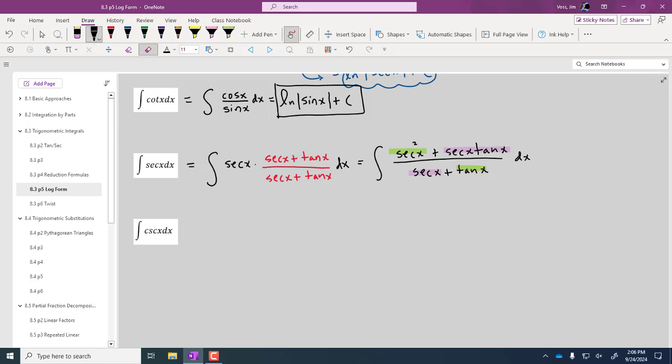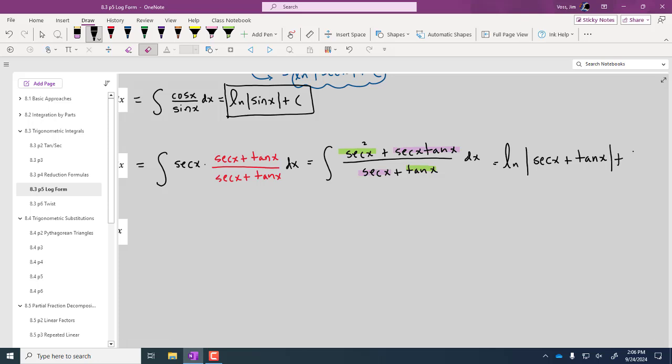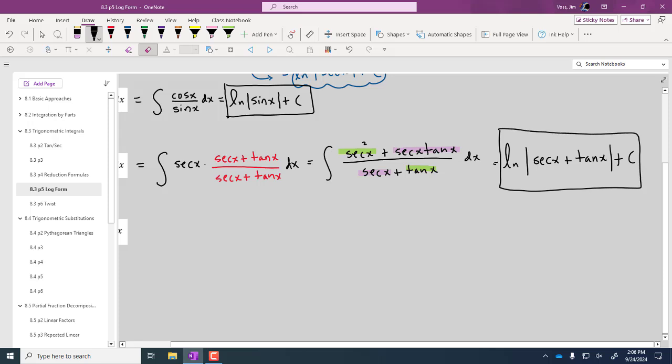So the last step, once it's in log form, the antiderivative will be natural log, absolute value of the denominator, plus c. So there is our antiderivative. We are going to see this one a lot.